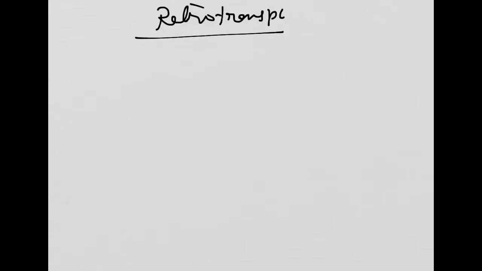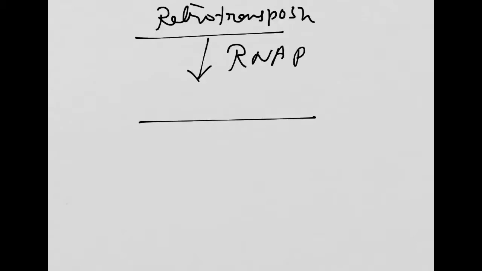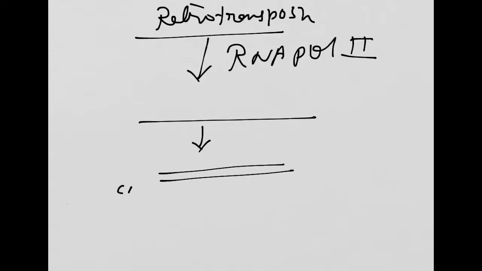So how do they move? First, the retrotransposon will form an RNA molecule with the help of RNA pol 2. Then there will be formation of cDNA from this RNA with the help of the enzyme reverse transcriptase.